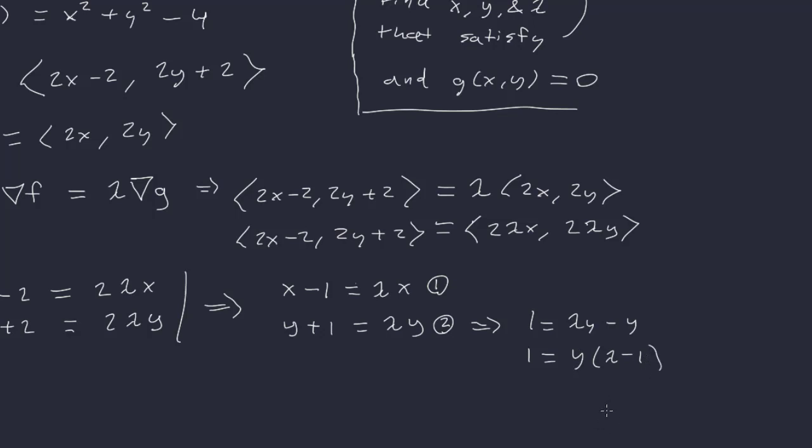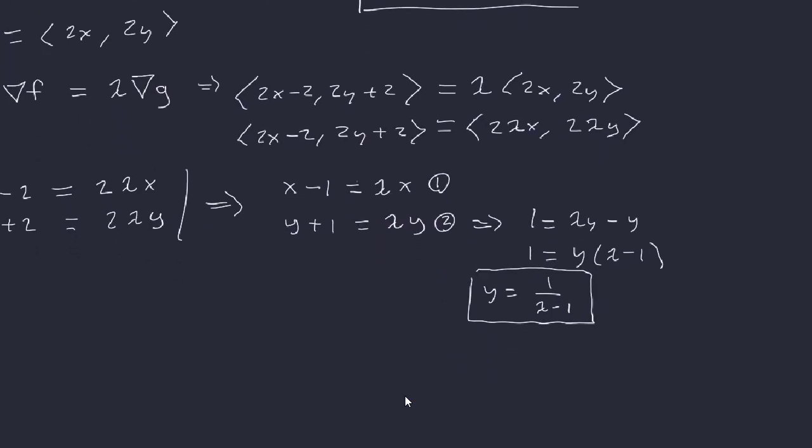Well, that maybe seems like an odd thing to do, but if I divide this through to get y is equal to 1 over lambda minus 1, that's something, I guess.